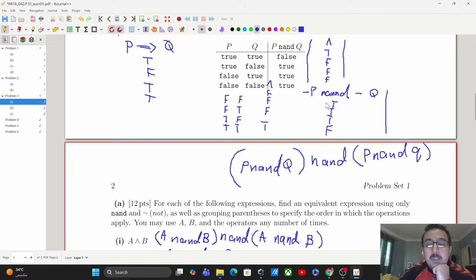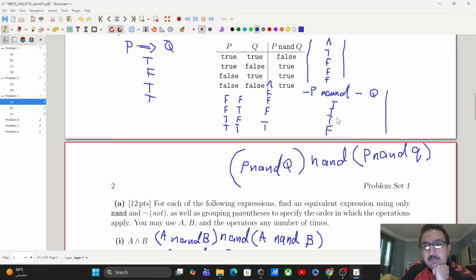So it's gonna be false. True and false. It's gonna be true and true, false, true and true.